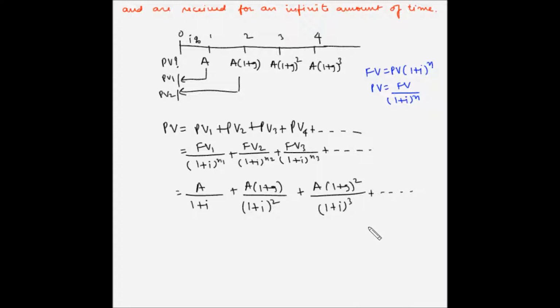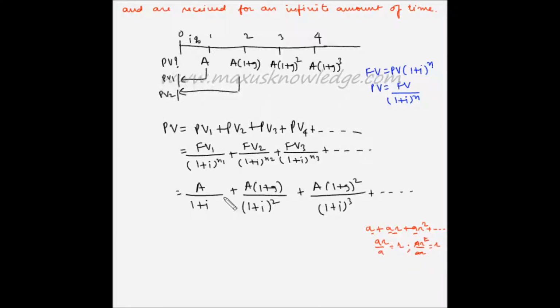Now as we know, a geometric series is in the form of a plus ar plus ar square and so on, where the ratio of any two consecutive numbers is the same. Here, ar divided by a is r. Let's take these two, ar square divided by ar is also r.